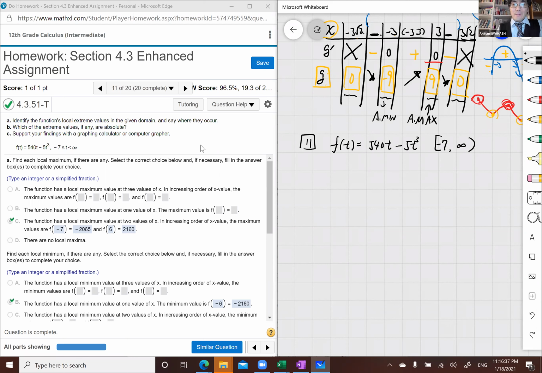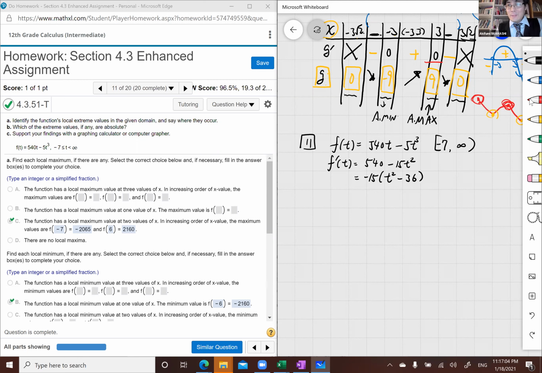Okay, now let's differentiate this one. Differentiate first to find the critical points. It's going to be 540 minus 15t squared. Let's factor out -15: -15 times (t squared minus 36).